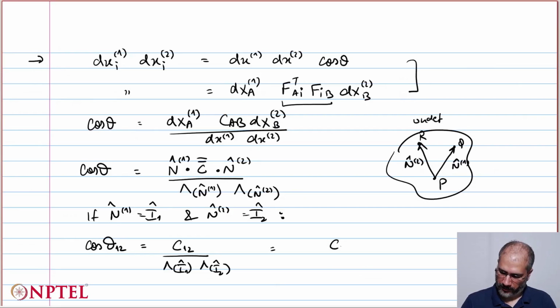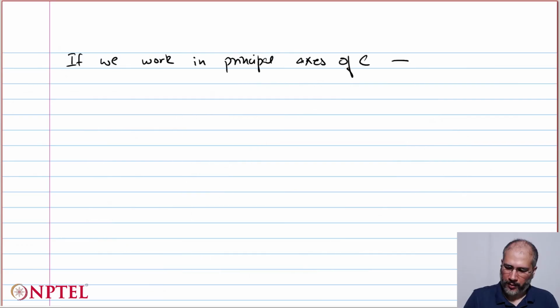And if you remember, lambda I1 hat was square root of C11 and lambda I2 hat was square root of C22. So the knowledge of the Green's deformation tensor C tells us what is the angle between elements which were oriented along the coordinate directions in the material configuration.